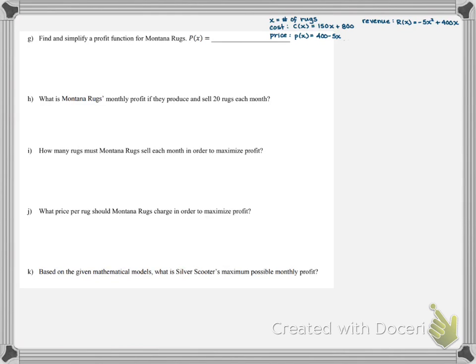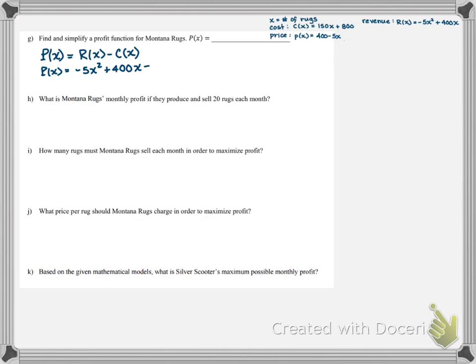So to find my profit function, what do I do? Yep. So profit is revenue minus cost. So we have P of X equals negative 5x squared plus 400x. And then I want to subtract the entire cost function, not just the first term of the cost function.